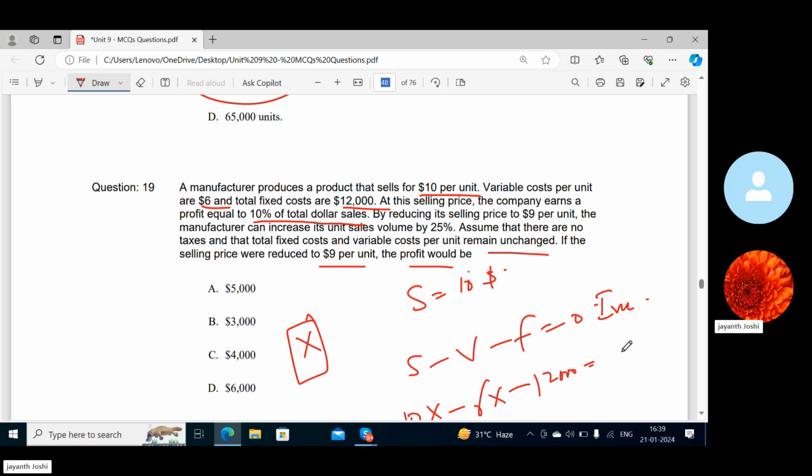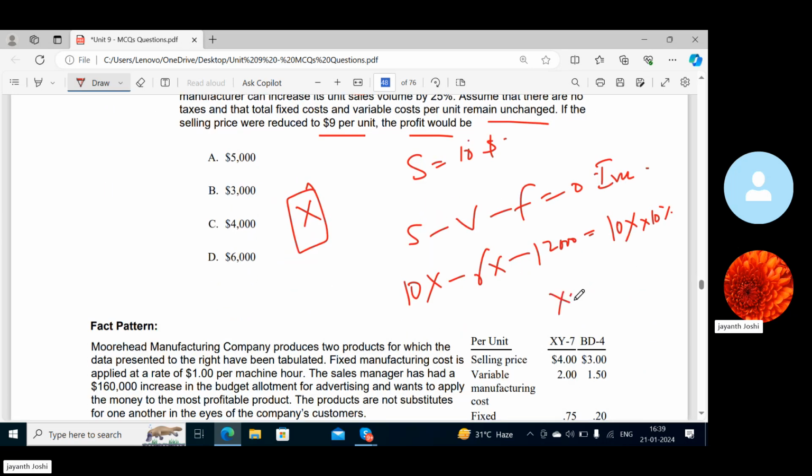So we don't know the number of units. Selling price into number of units, that is 10X into 10%. So can you find out X value? Yes.